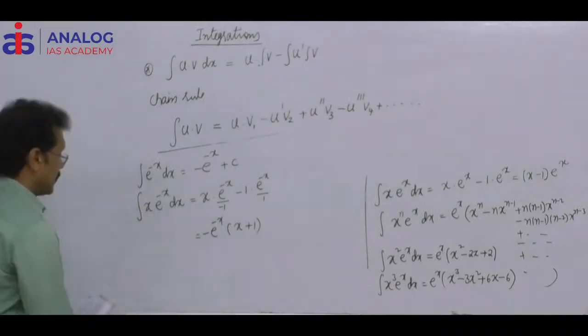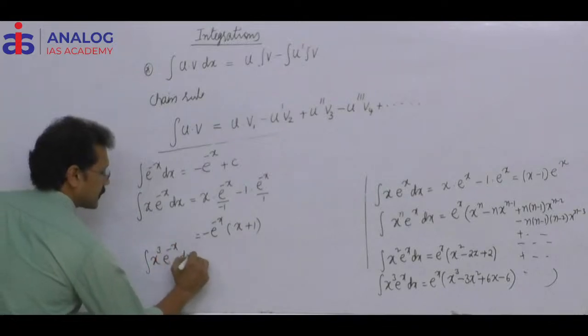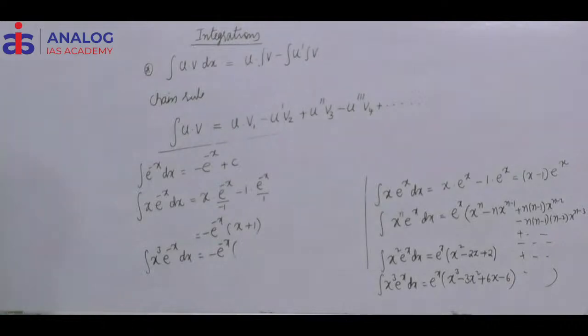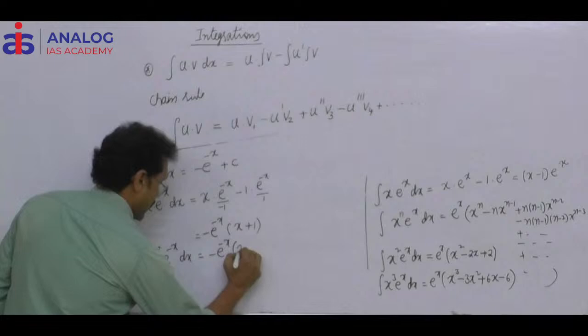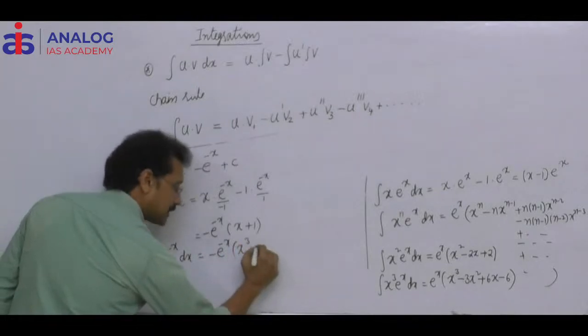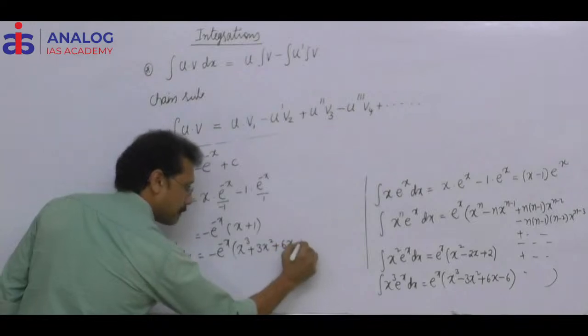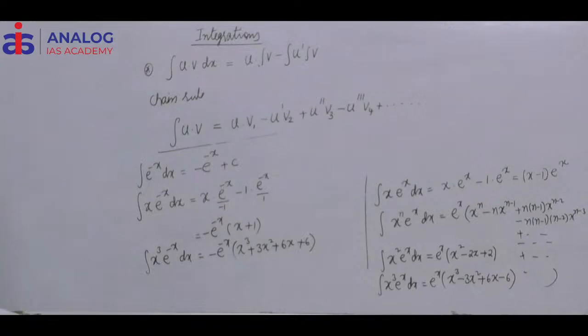So if it is x cube e power minus x dx, this is minus e power minus x into x cube plus 3x square plus 6x plus 6. This keeps coming in your integrals, in our kind of questions especially.